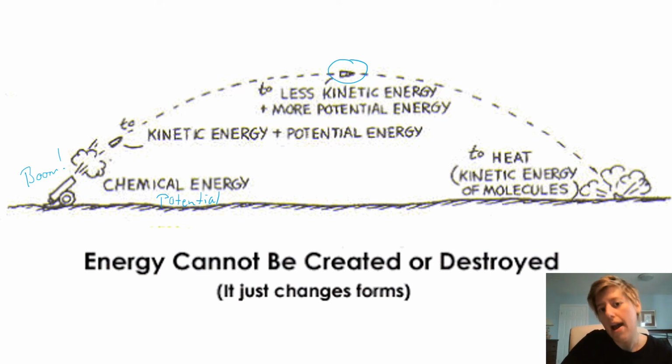And then gravity takes over, that potential energy is turning into kinetic, and then where I have impact, all of that kinetic energy transforms into heat and into sound and into my impact. So in this entire thing, I never lost energy. I never created energy. I just changed that energy from one form to another.